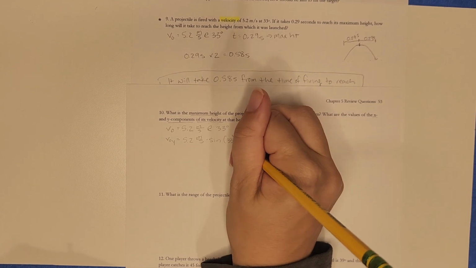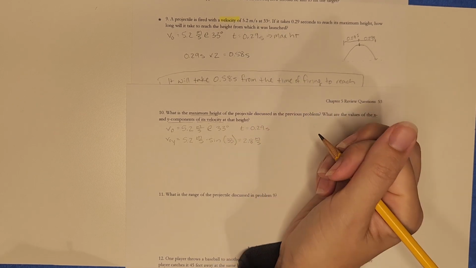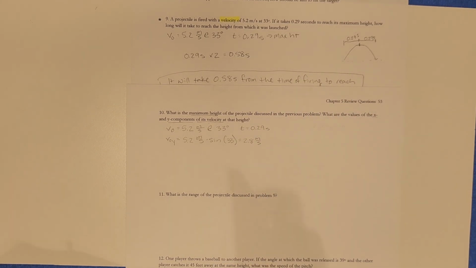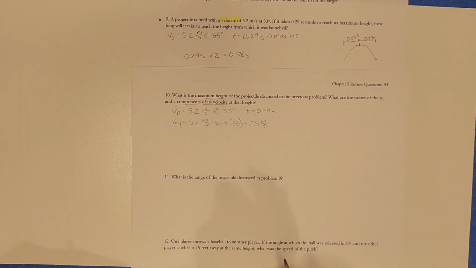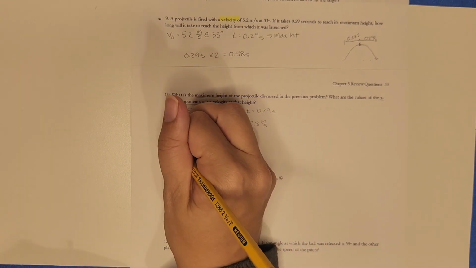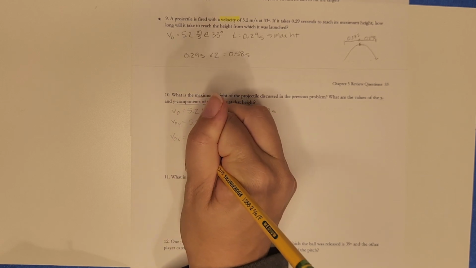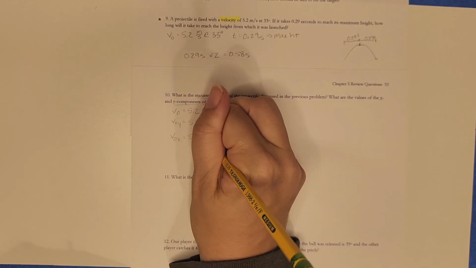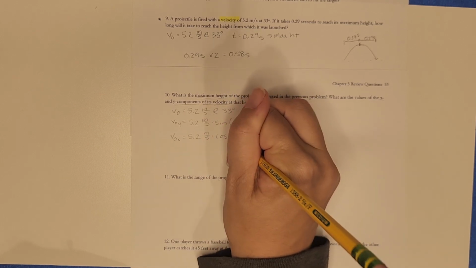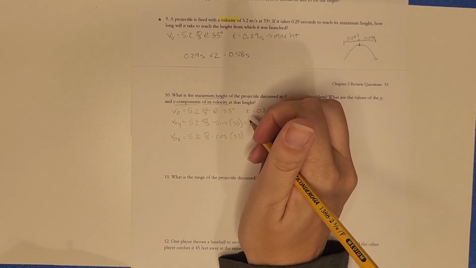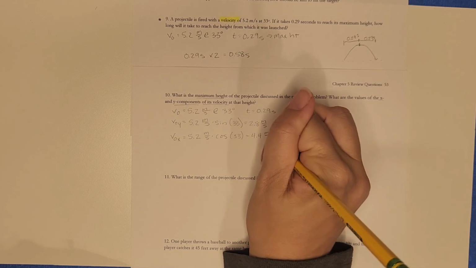And with that, we'll get 2.8 meters per second. So when that projectile is fired, it starts out as 2.8 meters per second in the y component. The x component, use cosine, and we're going to get 4.4 meters per second.